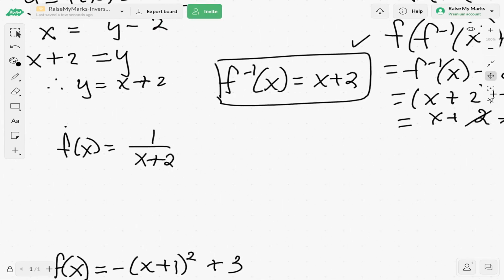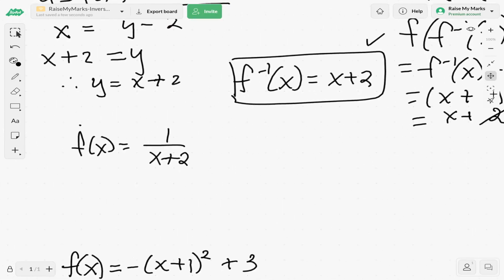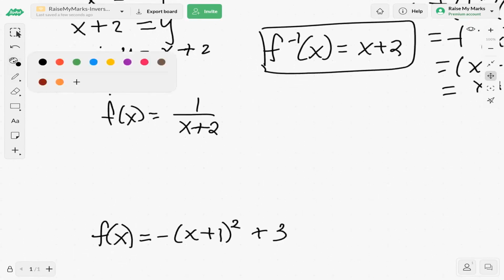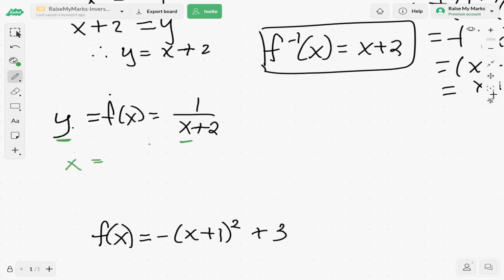So our second example is f of x equals 1 over x plus 2. So again, first step is let's let f of x equal y, and interchange y and x. So we have x equals 1 over y plus 2. Now we're going to solve for y. So let's cross multiply.